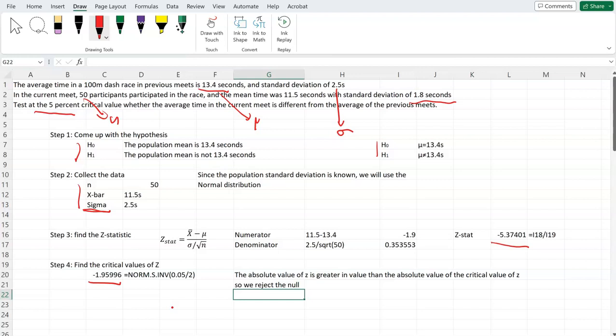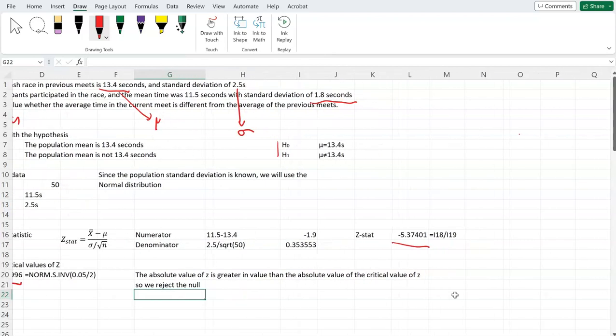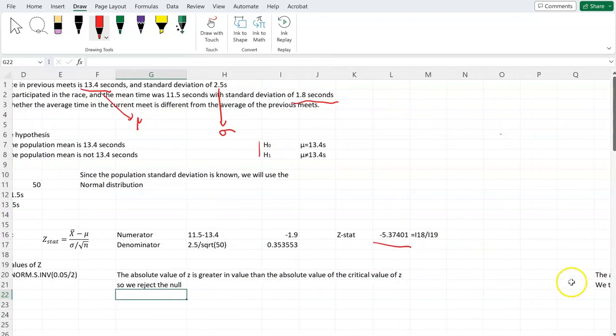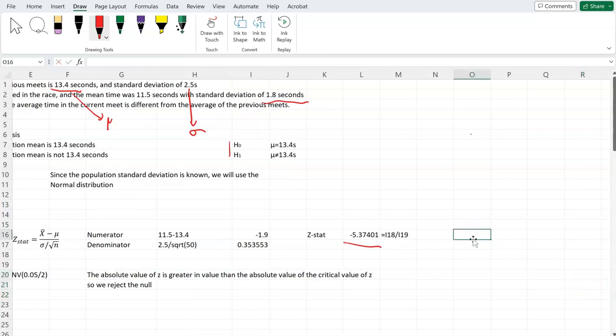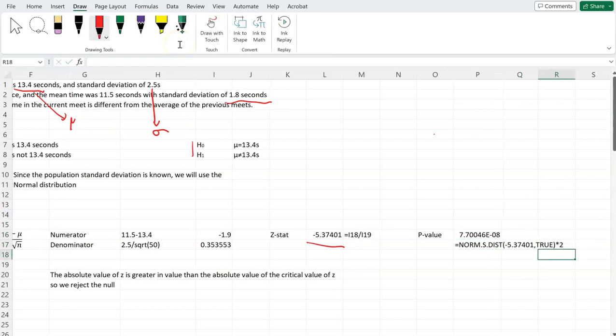So the process is the same. We're just using a different test statistic and a different critical value. Now, just like with t-values, we could have used p-values to evaluate. So instead, what we could have done is find the p-value, which would be NORM.S.DIST of the z-value, comma, true, times 2. And we find this is a very small number.